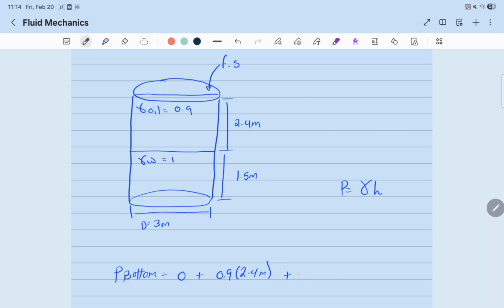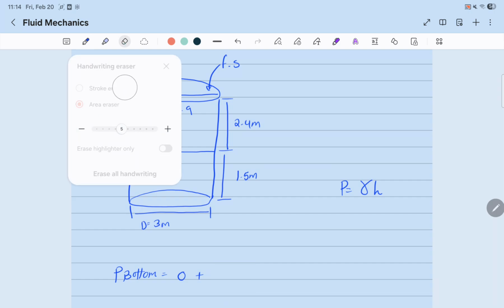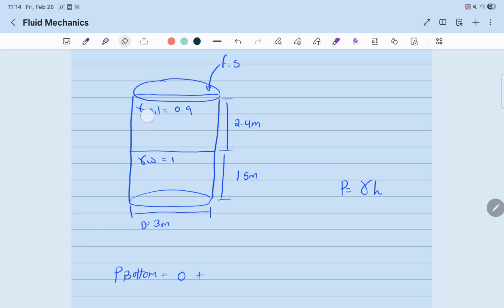sorry, that is the SG, not the specific weight. SG of water and SG of oil.